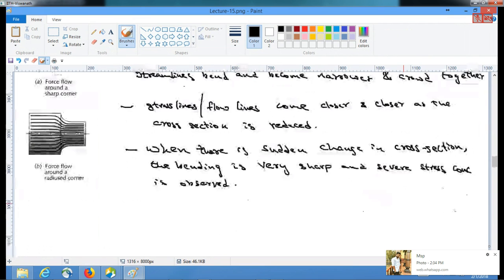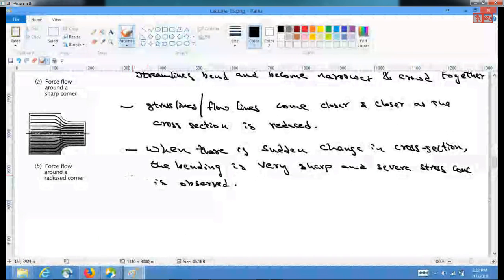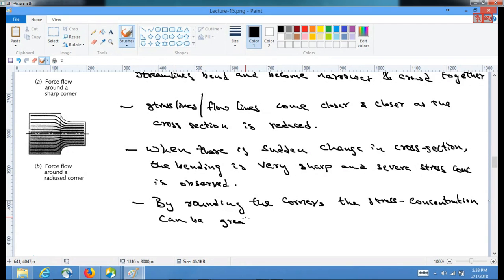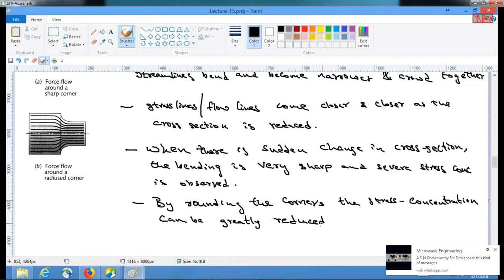So by rounding the corners, the stress concentration can be greatly reduced. This is the first case.